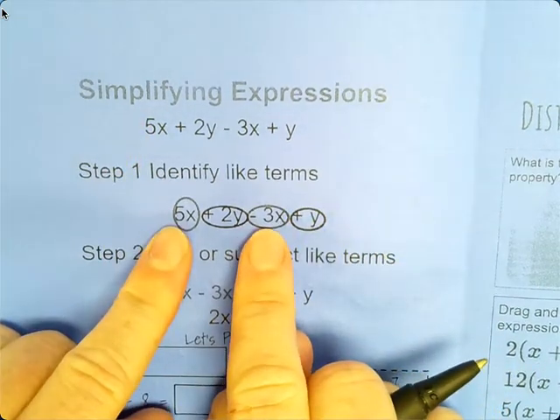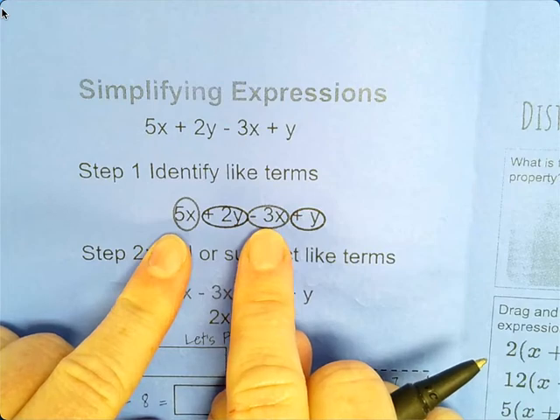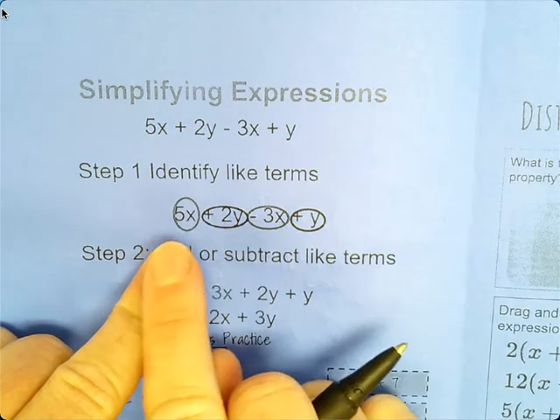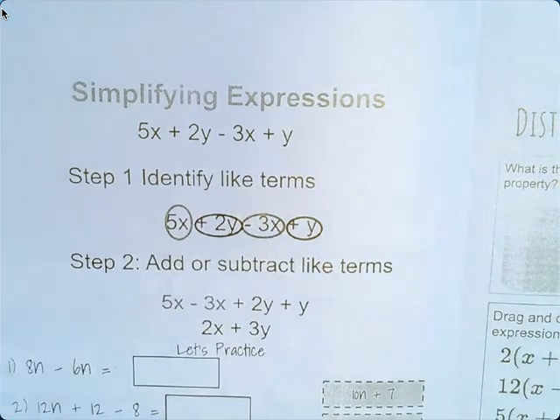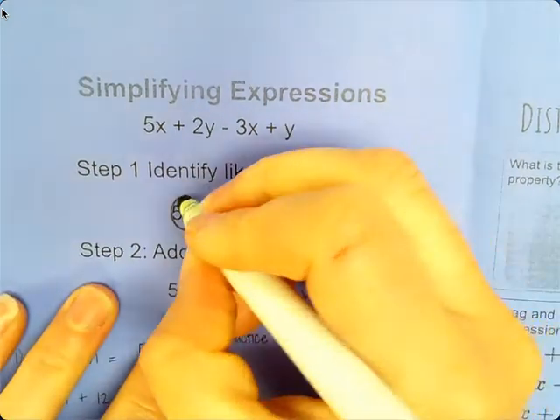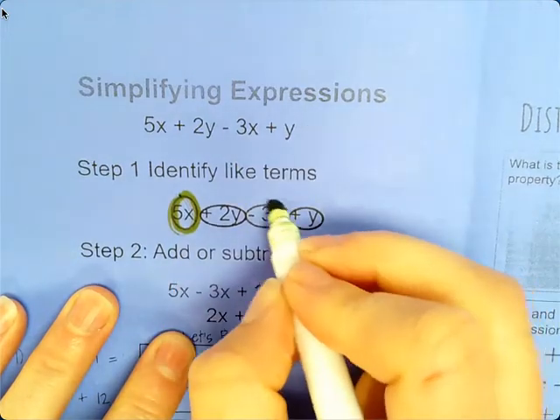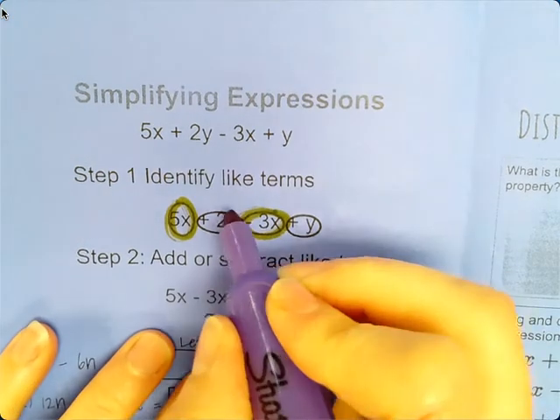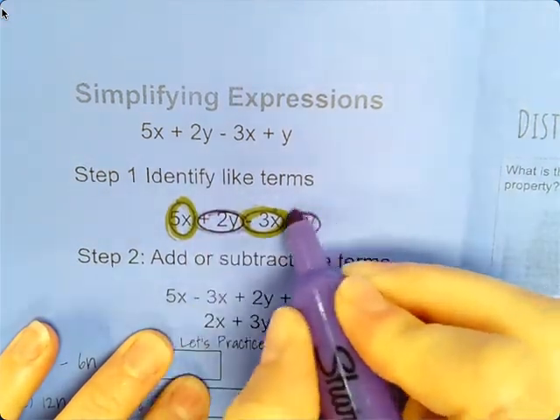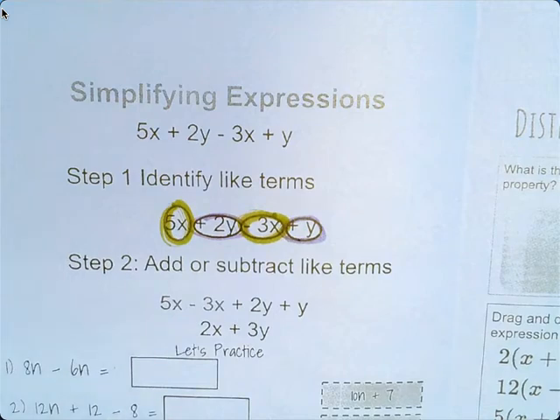What I like to do is circle or underline my like terms in the same color, which obviously you can't see here. But if you could, you would know that 5x and 3x are the same. Negative 3x. And then 2y and positive y are the same.